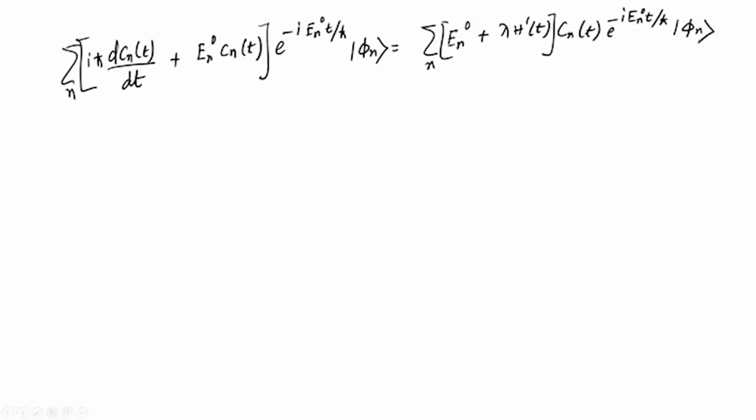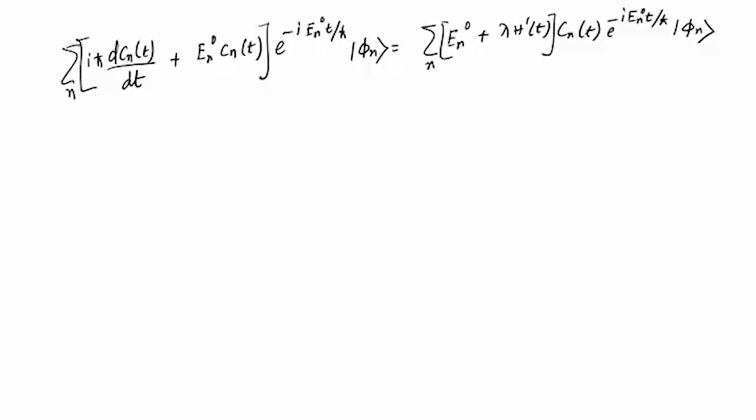So, this is nothing but the Schrodinger equation expressed not in terms of psi of t, but in terms of the coefficient C n of t. So, what you can do is take a scalar product with some phi m and cancel this exponential minus i E m 0 t by h cross.